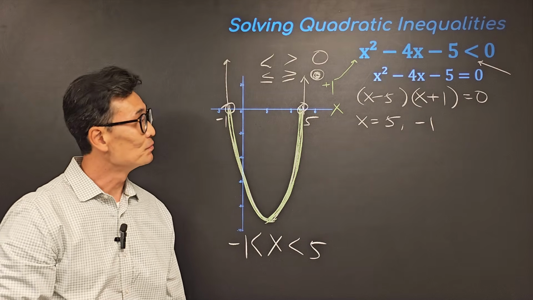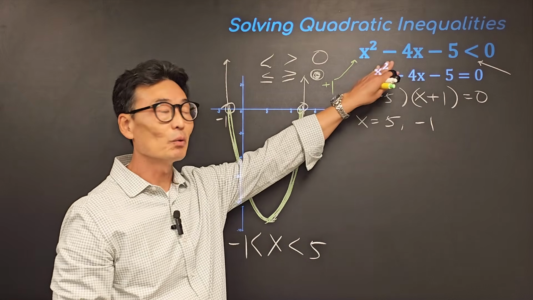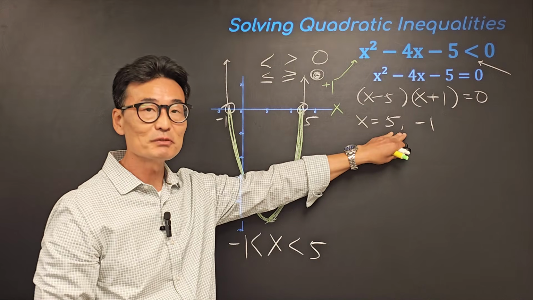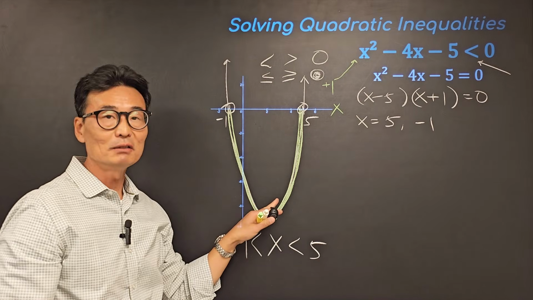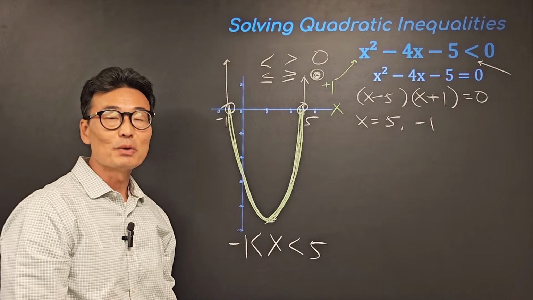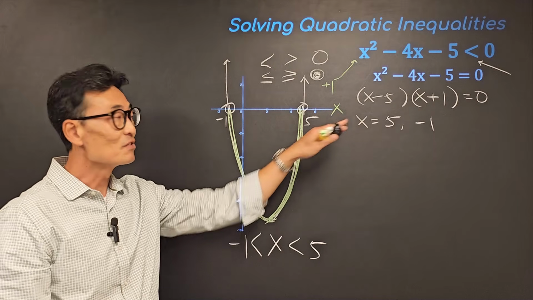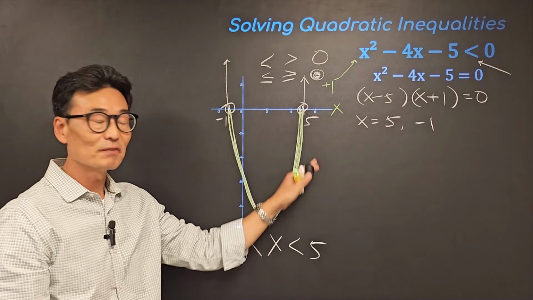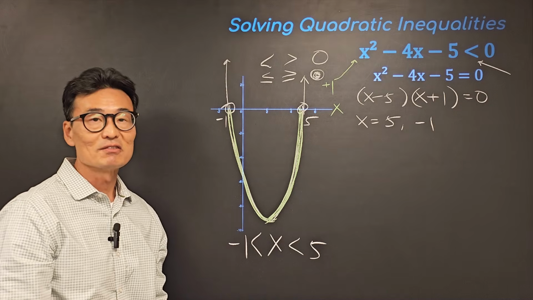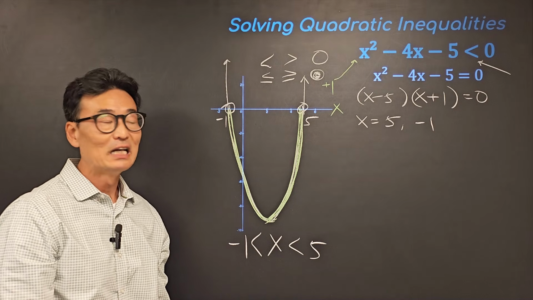So there you go. To solve this quadratic inequality, what we did was find the x-intercepts, graph the parabola, and then once we graph the parabola, we figured out that the graph where it's less than 0 is going to be between negative 1 and 5, and we got the answer right here.